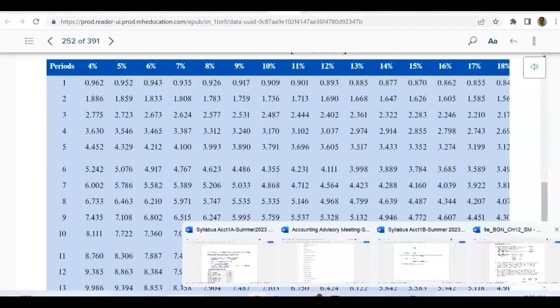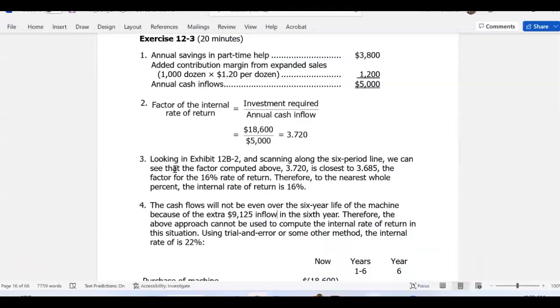And part 4 says, how about if it has a $9,125 cash inflow at the end of year 6 because of salvage value. So the cash flow will not be even over the 6-year life of the machine because of the extra $9,125 inflow in the 6th year.